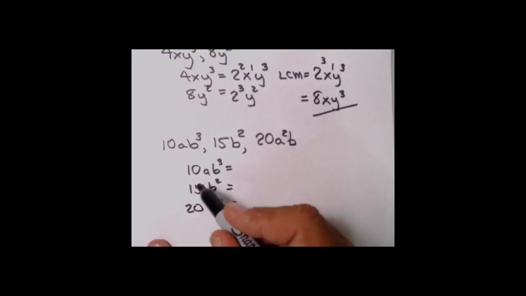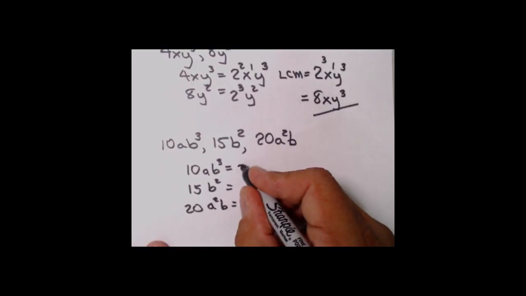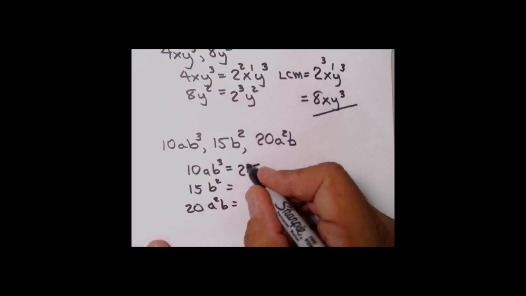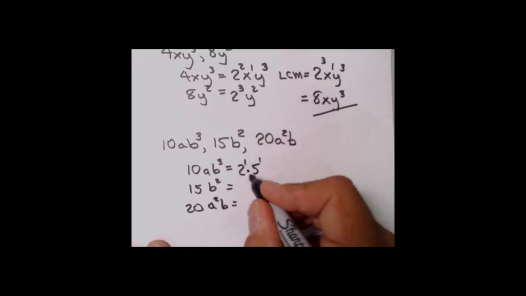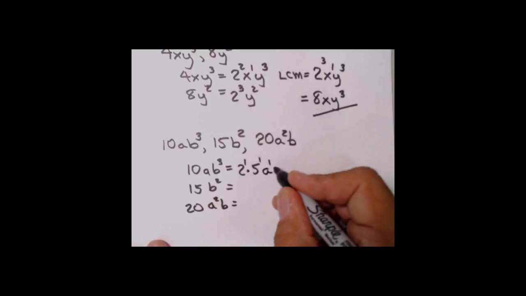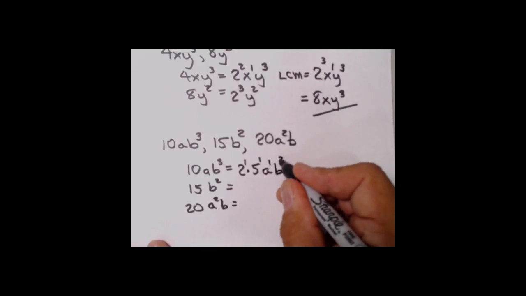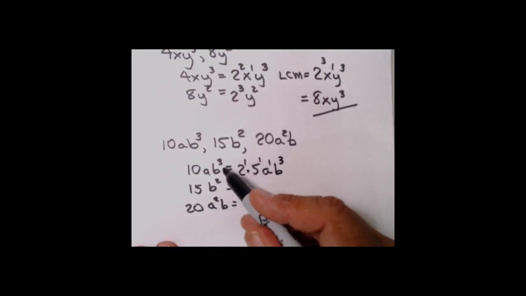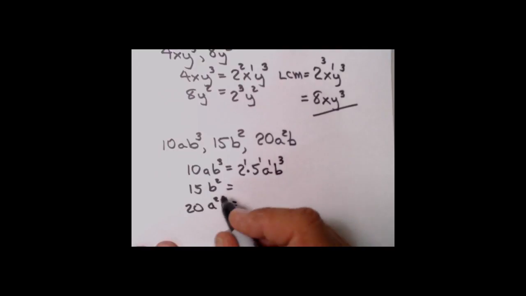Okay, well, 10, to break it into primes, 2 times 5 gives me 10, and those are both primes, so 2 times 5, I've got, and they're both to the first power, a to the first power, and then b cubed. Remember, the variables are the easiest. They're in effect already prime factor. You just write them down.